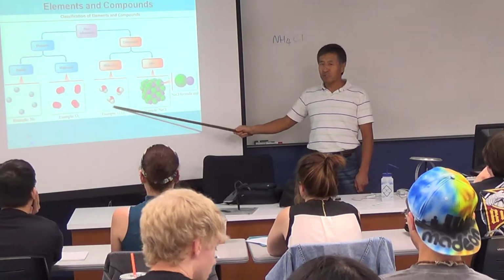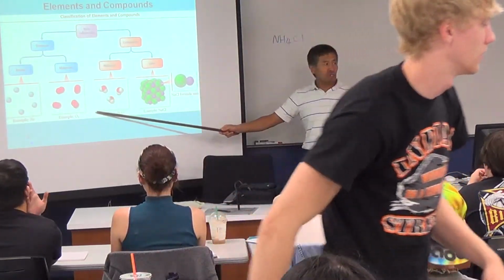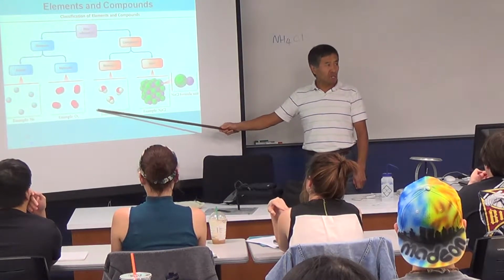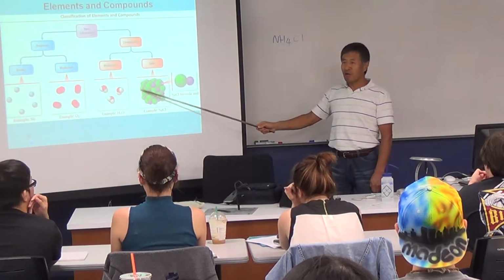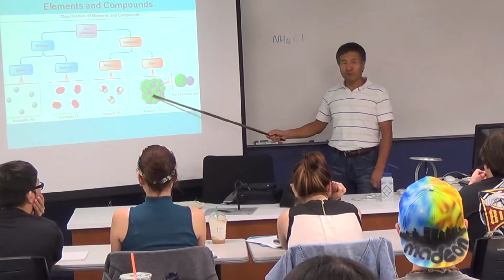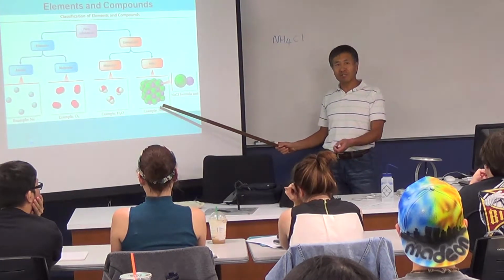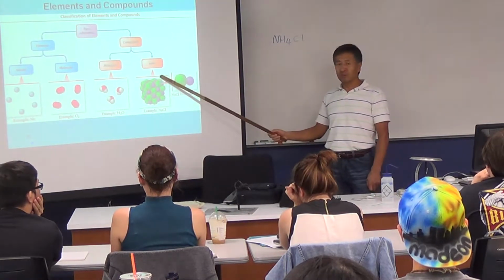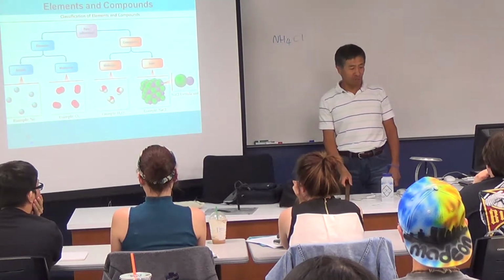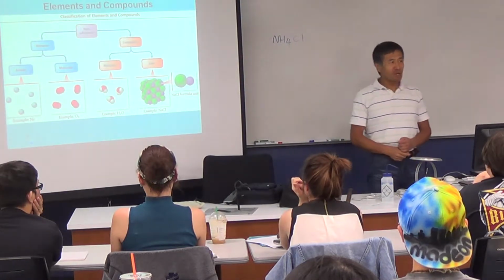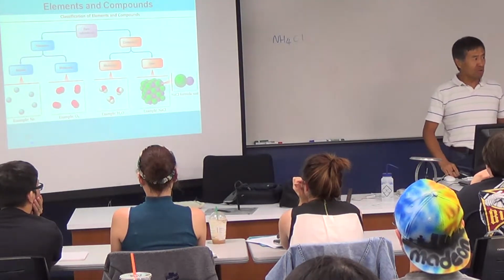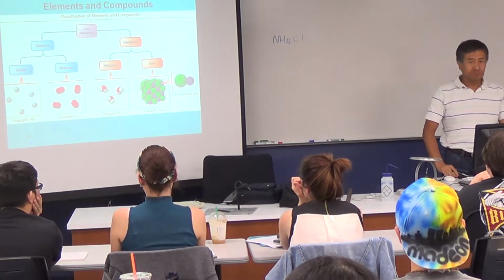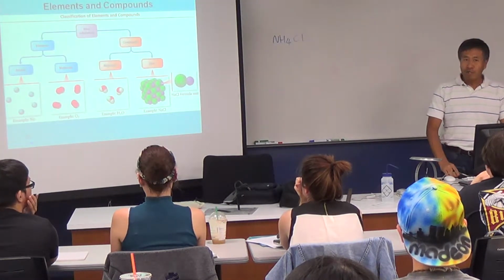Molecular compound means you only have covalent bonds, and for an ionic compound, for sure you will have ionic bonds in it, and you might also have covalent bonds in it. But as long as you have ionic bonds in it, we'll call it an ionic compound.